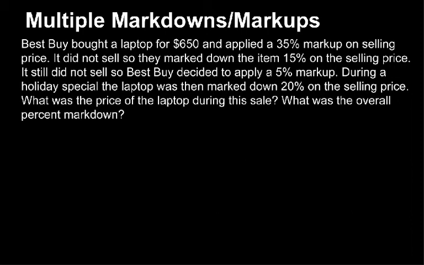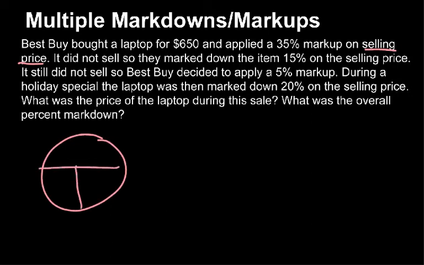So the first thing we want to start with is our PBR circle for finding the original selling price. So if I start this out, we're doing a markup circle here, so I have 650 as my cost. There's a 35% markup, which means that 65% is my cost. So if I divide that, 650 divided by 0.65, I get $1,000, which is my original selling price with a 35% markup.